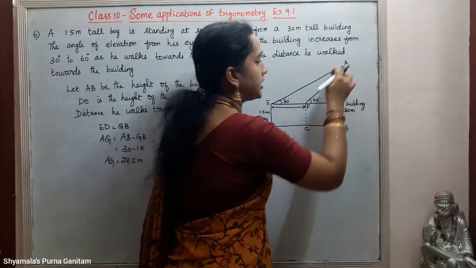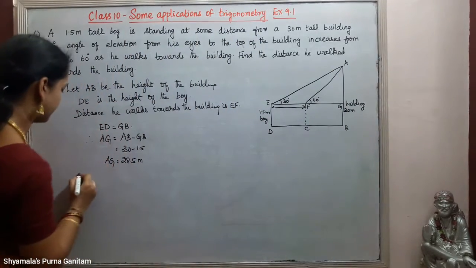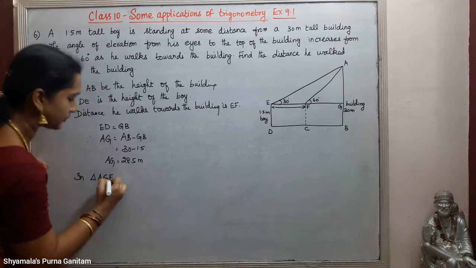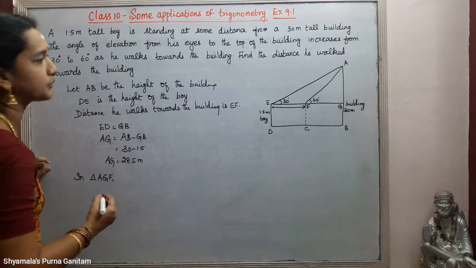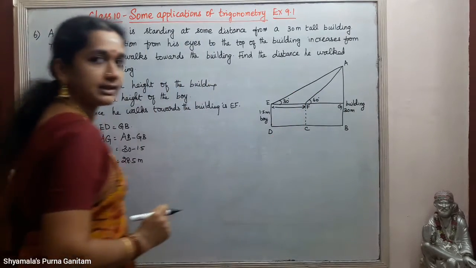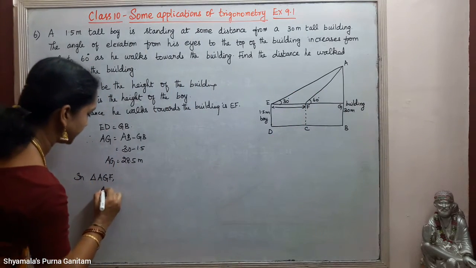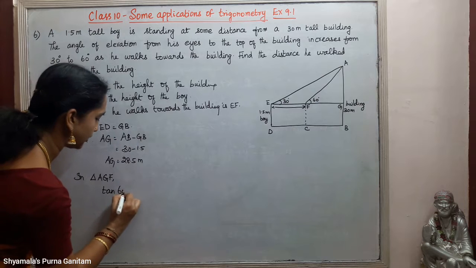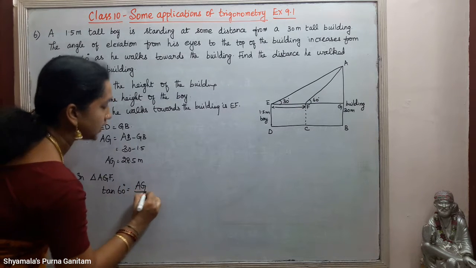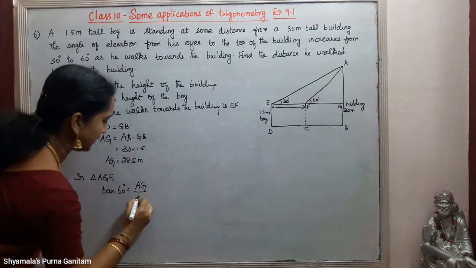So, we will take triangle AGF. In triangle AGF, this is the opposite side and this one is the adjacent side. So it is tan 60. Tan 60 is equal to AG by FG.